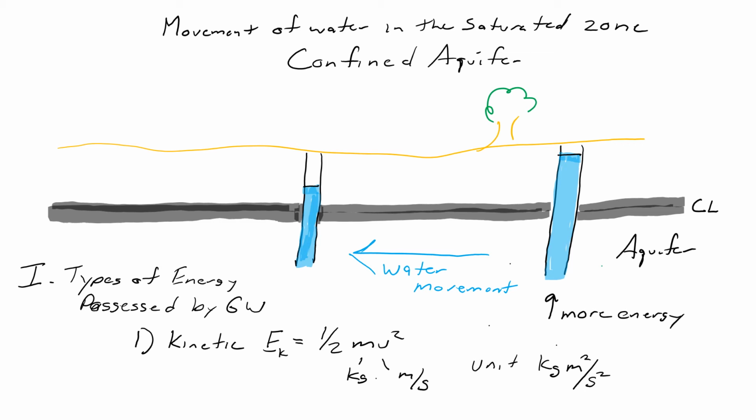Can you think of any other types of energy that groundwater might possess? Potential? It does have potential. Potential energy, you might remember this from discussion we had earlier, is mass times gravity times the height. I'm going to use Z above a baseline.